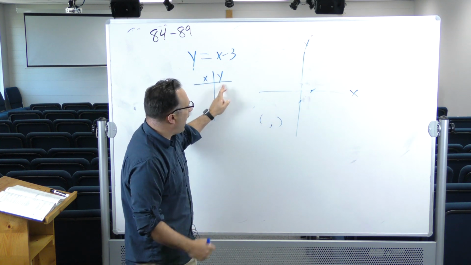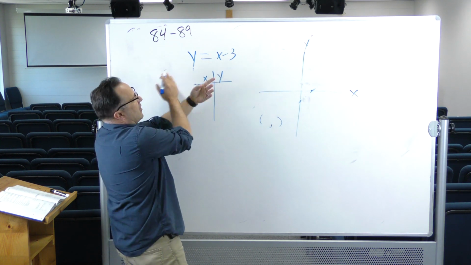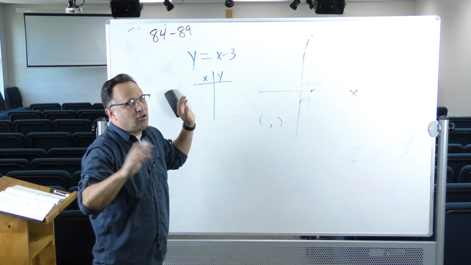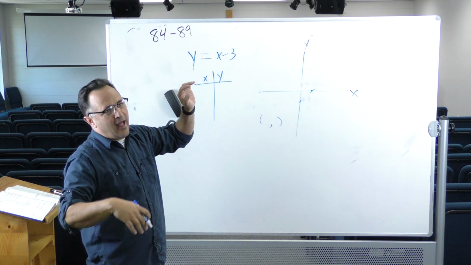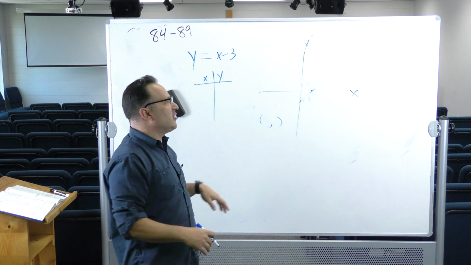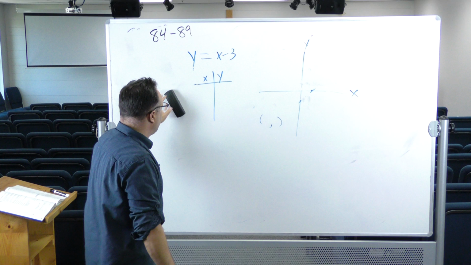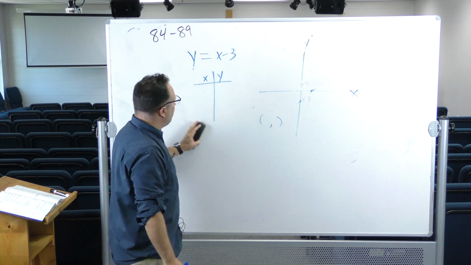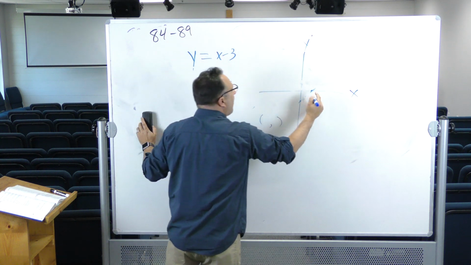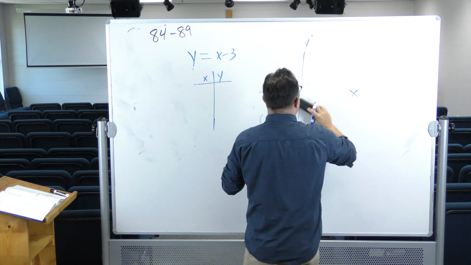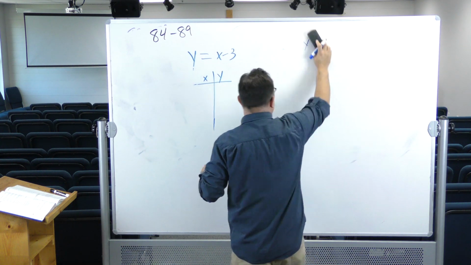So you want to go x and y, even though here it just so happens they're backwards. That's okay, because you'll see it with x on the other side, and sometimes you'll see x and y on the same side. There are all kinds of different things you could have there. So do x, y, choose 3 values, plug them into the original equation, then plot them on your graph here, and press pause and try that.